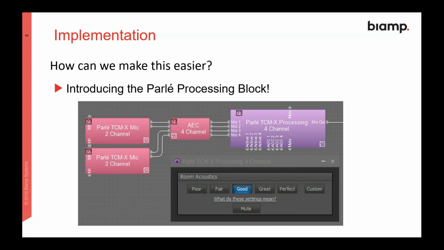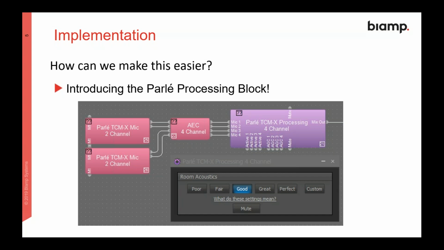And when we introduced the newer version of the Parle microphone, which is the TCMX and TTMX versions, much of those same concepts still applied. But we found that there were differences between the microphones, and we need to do a little bit of general front-end tuning, and we usually do the same stuff in just about every room. So why don't we create a block that allows you to just drop one block in that takes care of most of that processing for you? So that's where the Parle processing block came in.